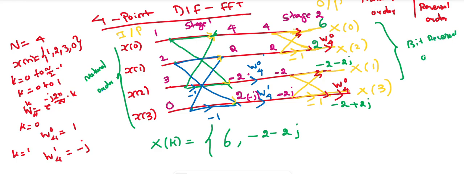So 6, minus 2 minus 2j, and this is X of 0, X of 1, X of 2 is plus 2, and X of 3 is minus 2 plus 2j, okay.